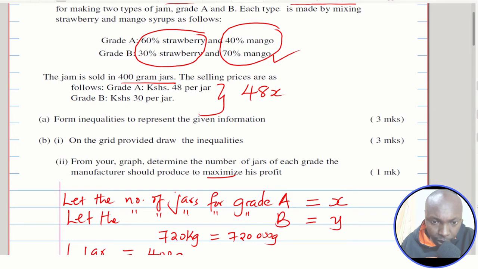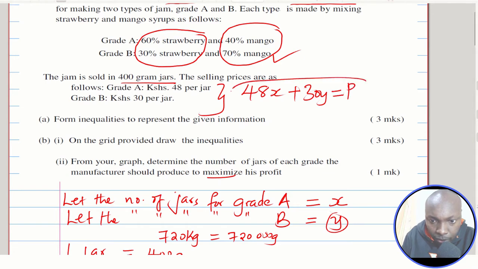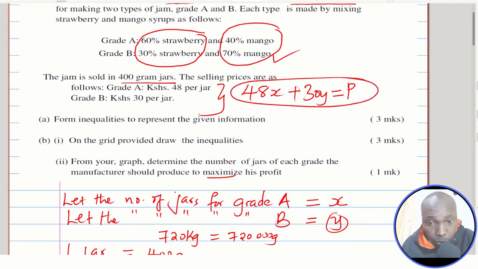So if one jar is 48 shillings, what about x number of jars? Then for grade B, one jar should go for 30 shillings. So how many jars do we have for grade B? We have y jars, so that will give 30y. So this one is going to give us an objective function that we're going to use to maximize the profit.